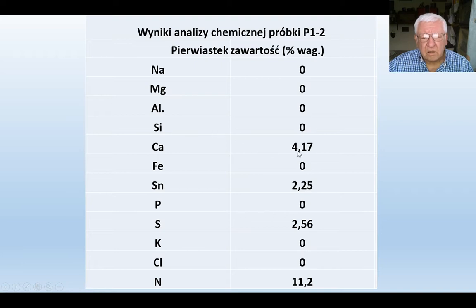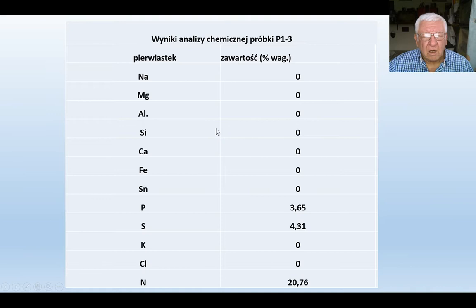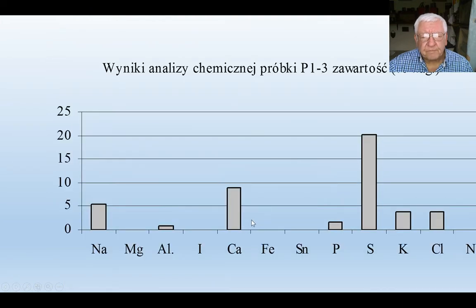So, calcium at this place, and sulfur again, and sodium, and the drawing shows the elements in one of the places. And next, the same sample, another place, practically only phosphorus, sodium and sulfur, not too much.